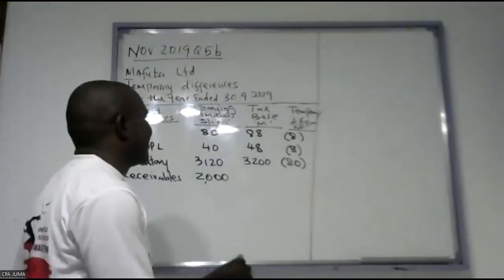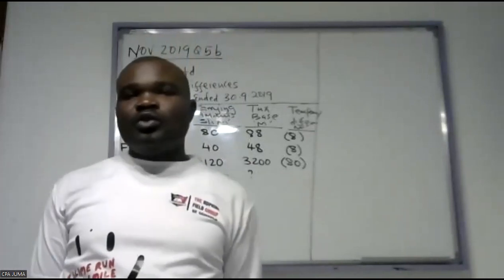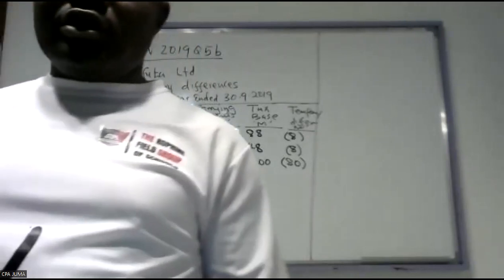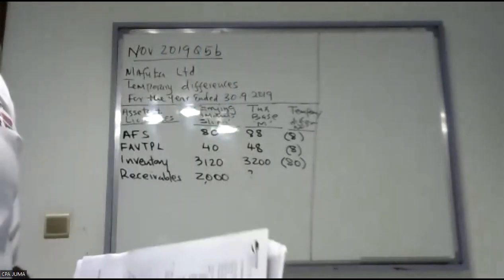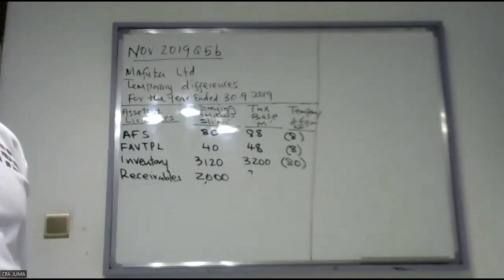Both allowance and exchange gains are not allowed for tax purposes. Fine. So, tax people, can you do something? How much will the tax base be?